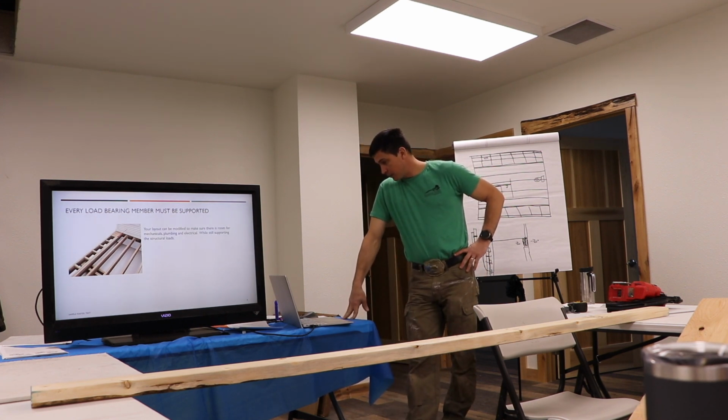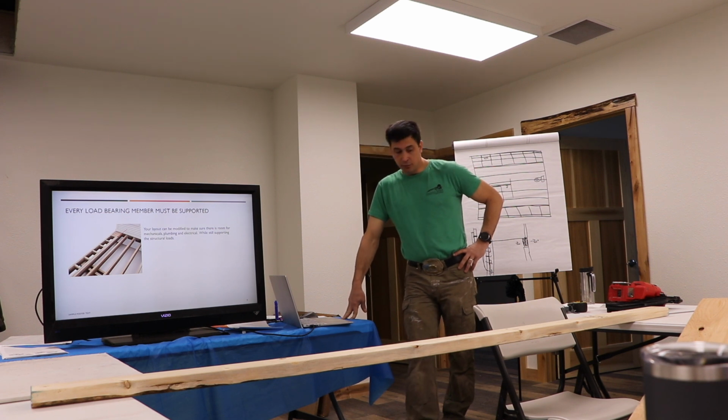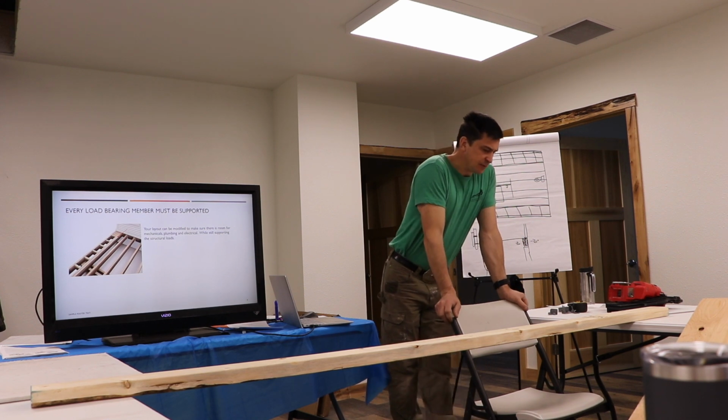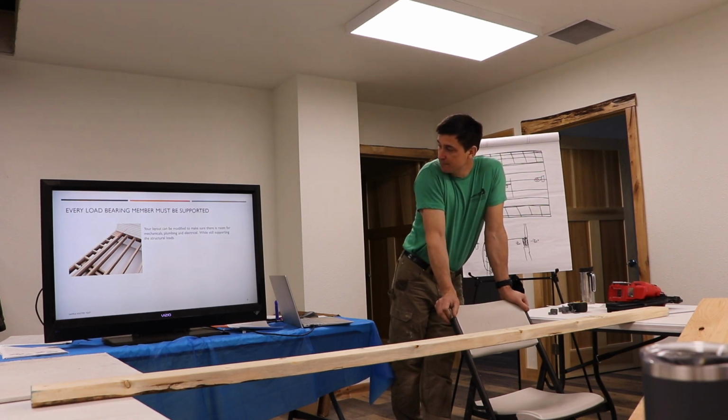Okay, all right, so your layout can be modified. If you're going to modify your layout, there's not really any compelling reason to unless you are modifying it to help carry a structural load, okay?